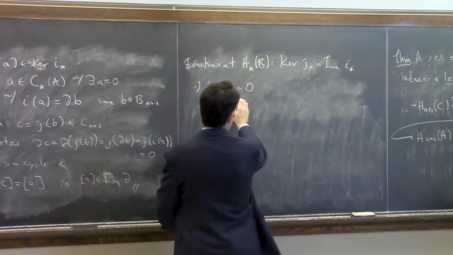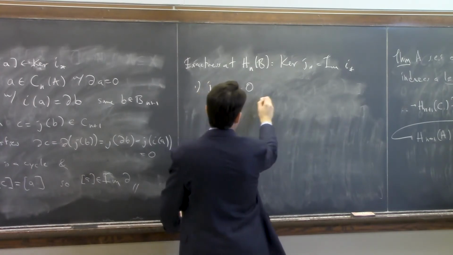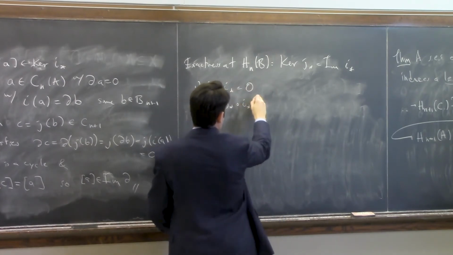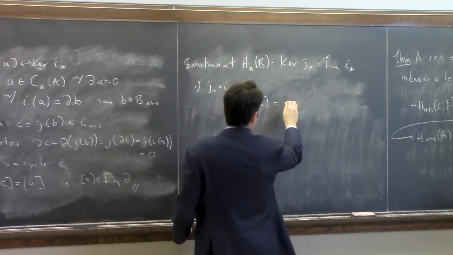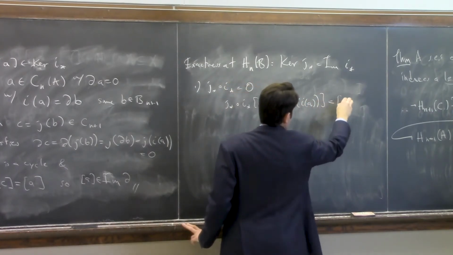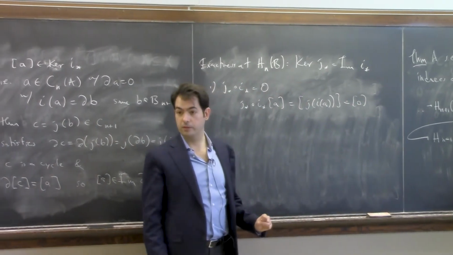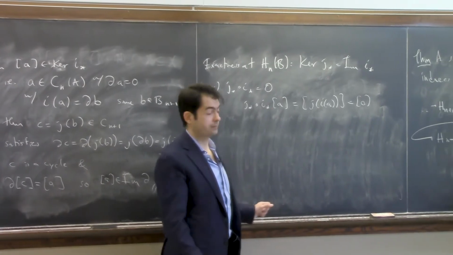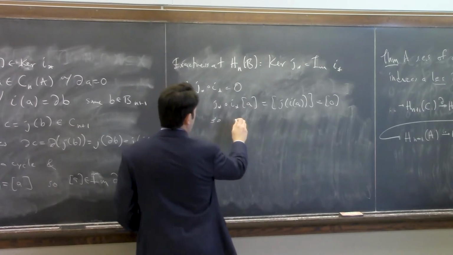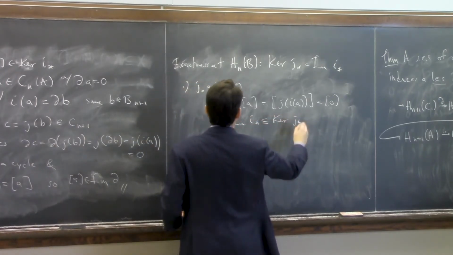And this one is very easy because if I have any class of A, then J star composed with I star of the class of A is equal to the class of J of I of A, and that's just 0. Right? Because we started out with the short exact sequence of complexes. Okay, so that shows that the image of I star is in the kernel of J star.